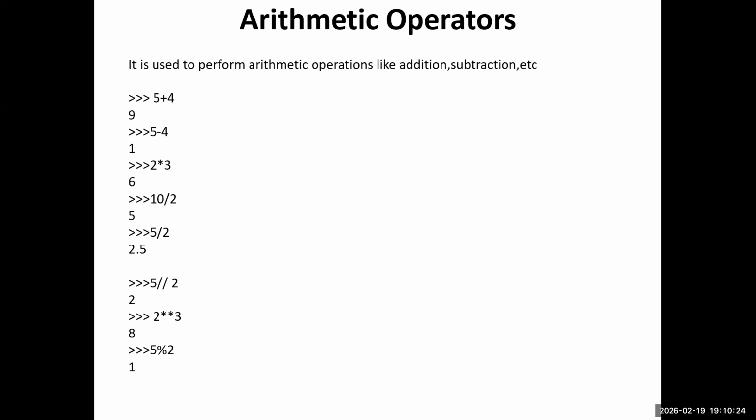So slash, double slash, percentage symbol. The percentage symbol is called the modulo operator or remainder operator. Then if you want to do the power calculation, you can use the double star. So this is nothing but what we call the arithmetic operator.